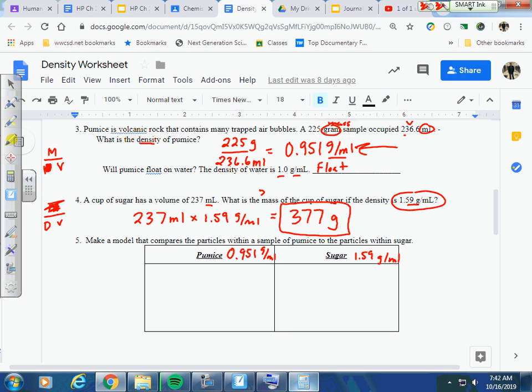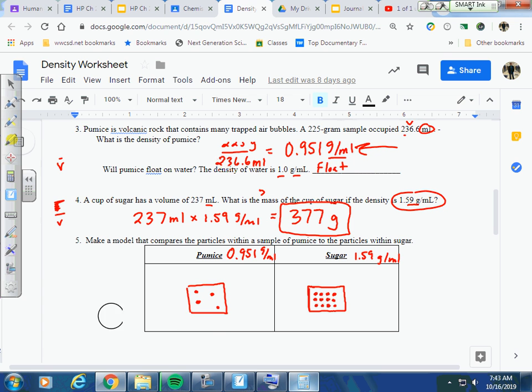So since the pumice is less dense, I might draw those particles kind of spread out in it. Whereas with sugar, I'm going to draw particles that are really close together. So maybe I have to draw more particles if I have the same size box and same size dots. Something like that would work. Okay? It's just important that we can make models that show different densities, identify models that have different densities.